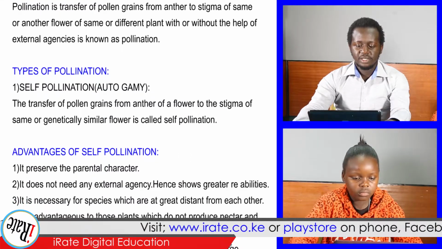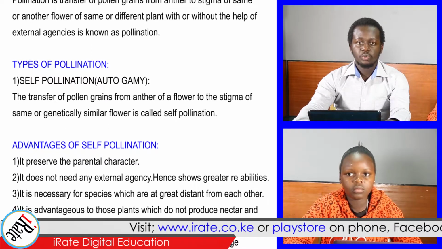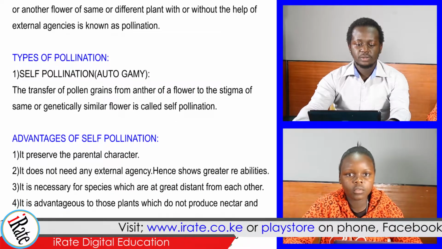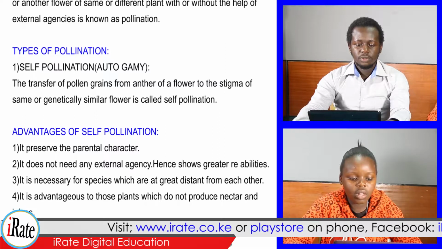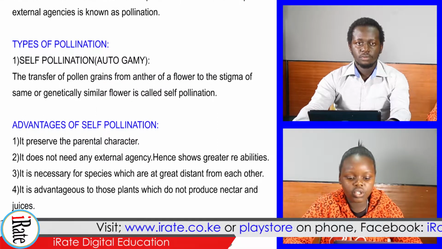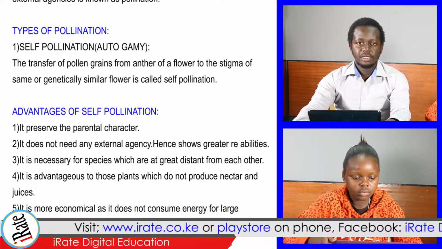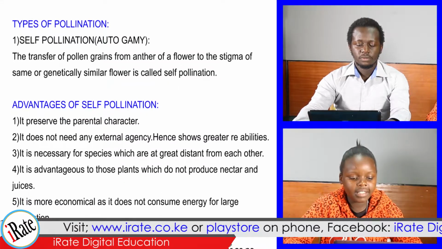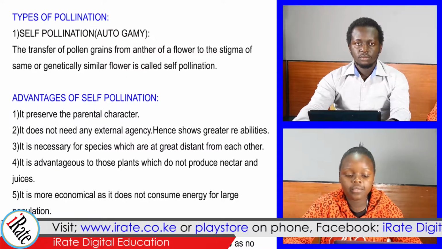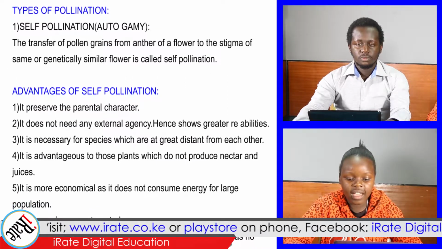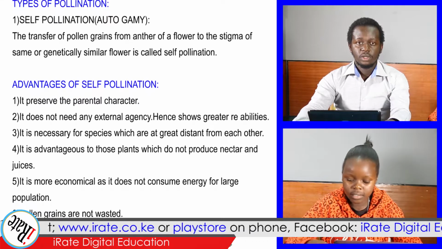It is advantageous to those plants which do not produce nectar and juices. 5. It is more economical as it does not consume energy for a large population. 6. Pollen grains are not wasted. 7. Maintains the purity of races from one generation to another as no variation takes place.